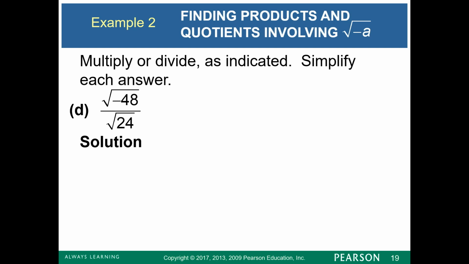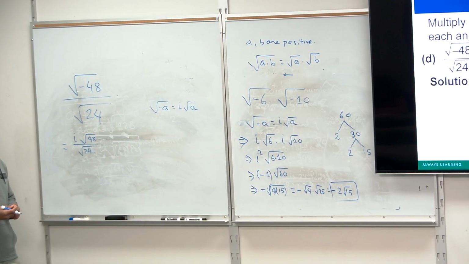You know radical negative a equals i radical a. So it will be i radical 48 over radical 24. Right? That makes sense?